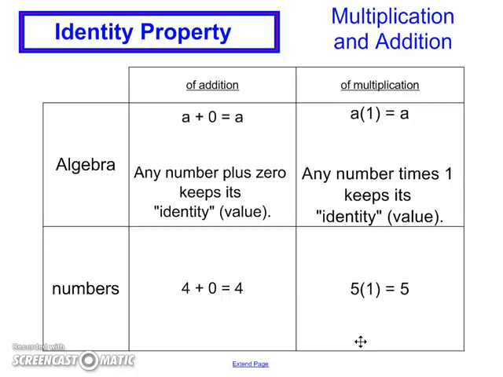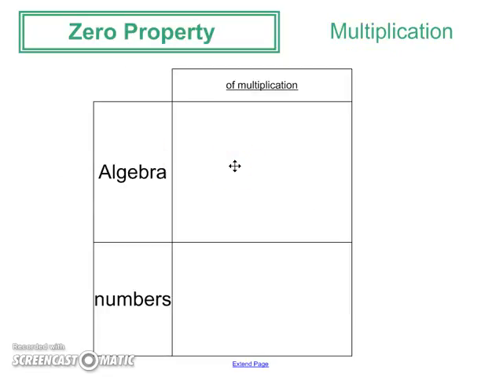So the identity property basically tells us that we have a number in addition, 0, that when I add 0 to anything, it doesn't change the identity of that number. And the same thing in multiplication, although it happens to be 1. Okay, so that is the identity property. We also have the 0 property, and this only applies to multiplication.